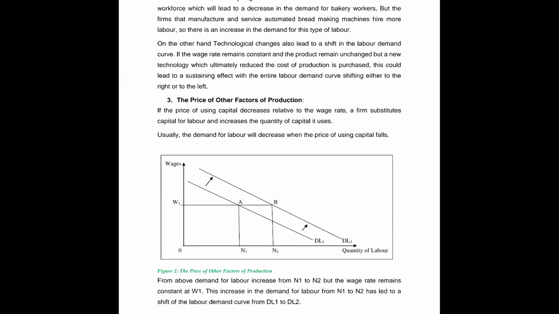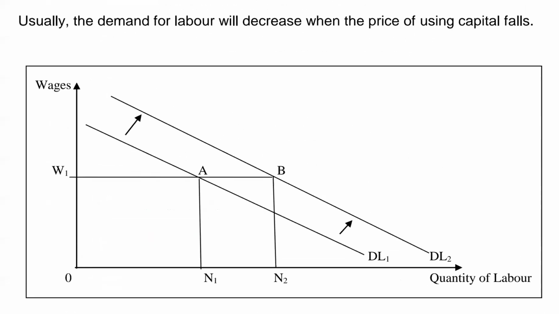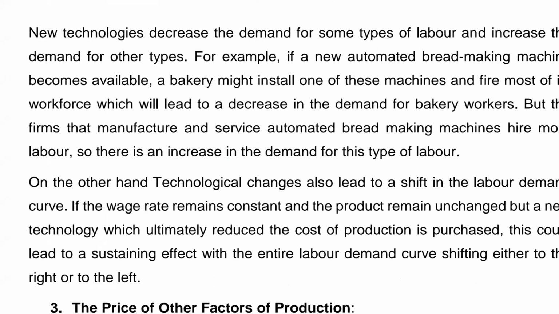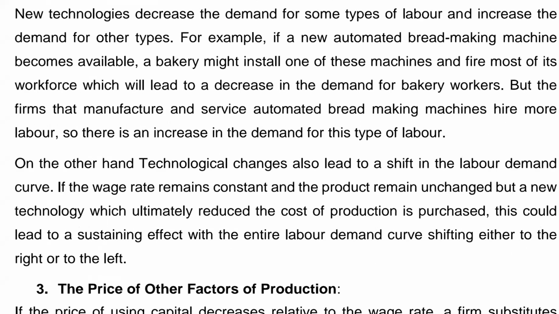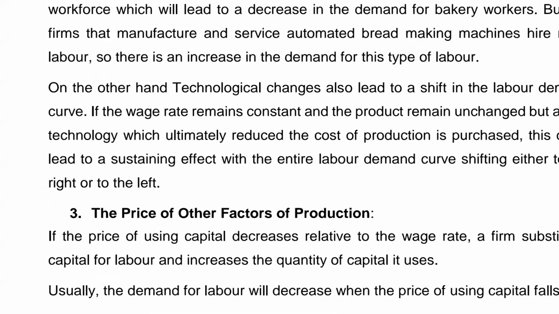Technological changes also influence demand, in that new technologies will decrease the demand for some types of labor. We are aware that the coming of new technologies will affect the demand for labor.